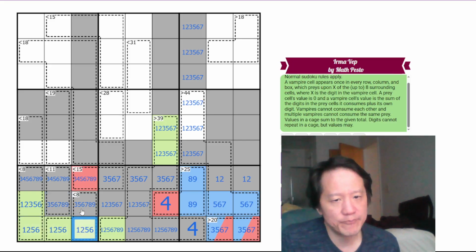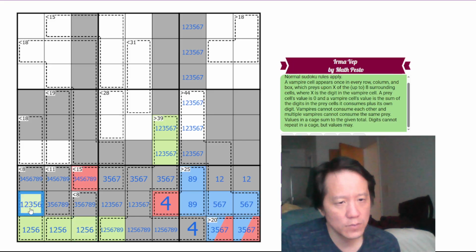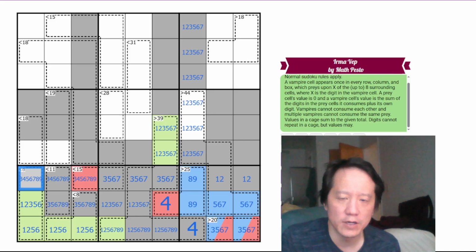Let's see. The sum of these values. So this has to be preyed upon by... One of these is 1, 6.